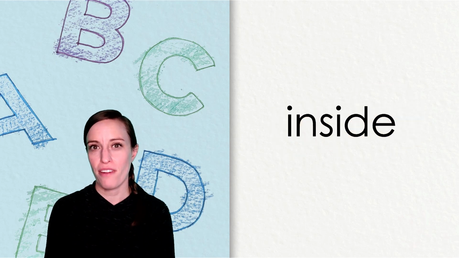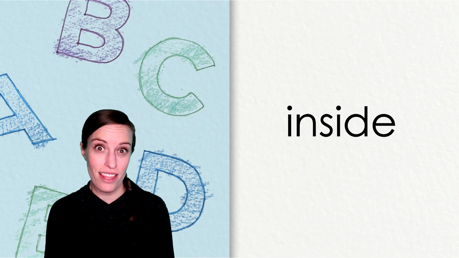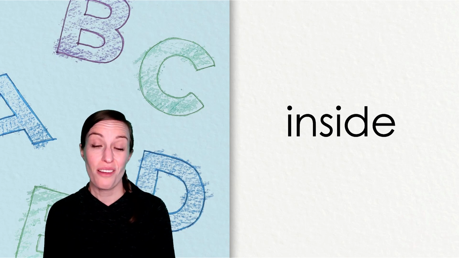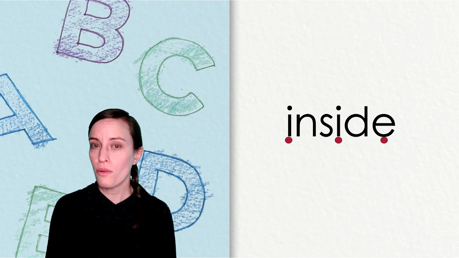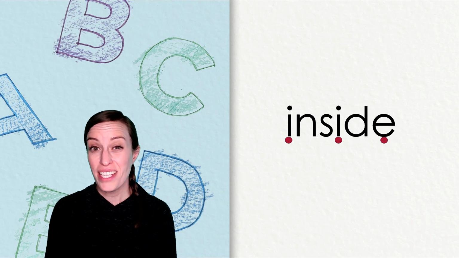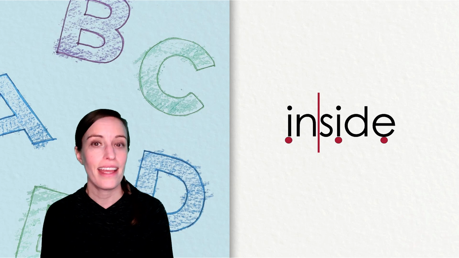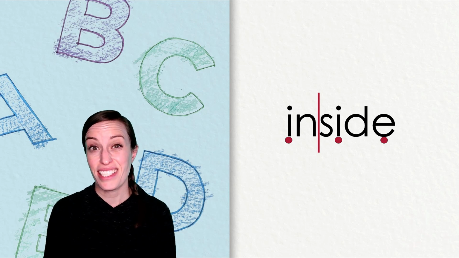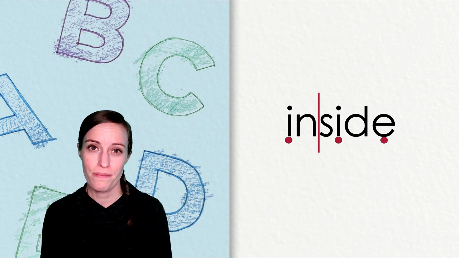Here is another word for us to read. This word also has more than one syllable, so we will divide it and read each syllable and then read the whole word. The first thing we need to do is find the vowels. This word has 1, 2, 3 vowels. We divide this word into syllables between the N and the S, since there are 2 consonants between those first vowels.